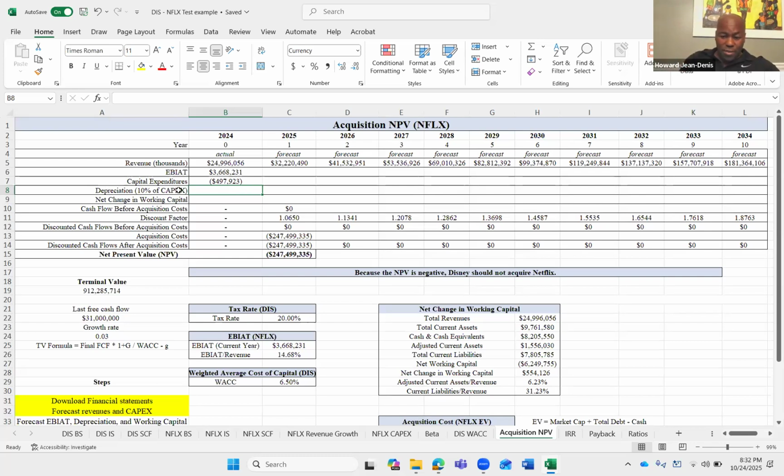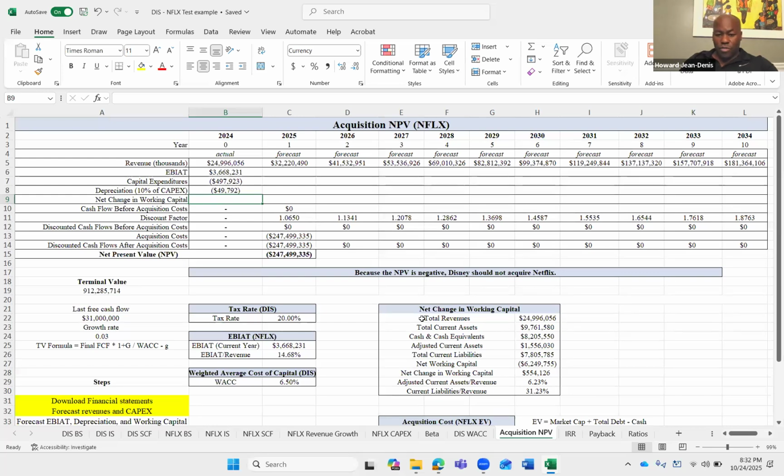So depreciation should be 10% of capital expenditures, equals 0.1 times this number above. And I want you to find the absolute value of depreciation because it's going to accumulate, add itself up, and free cash flow is considered as a positive value. So we're almost done with free cash flow.